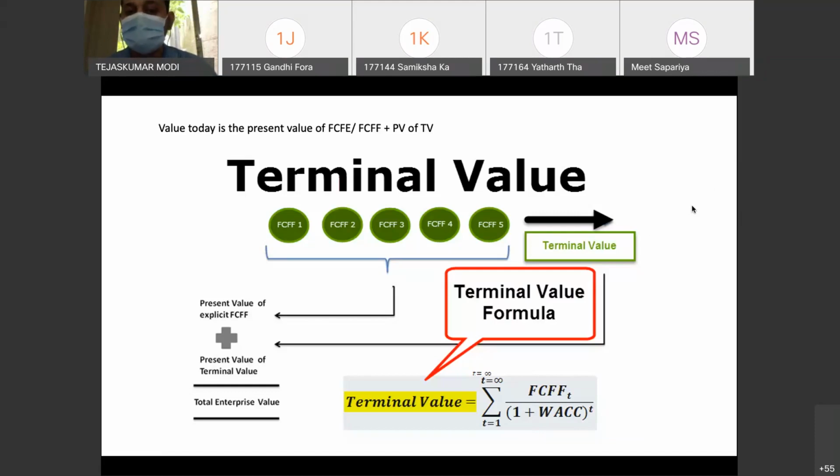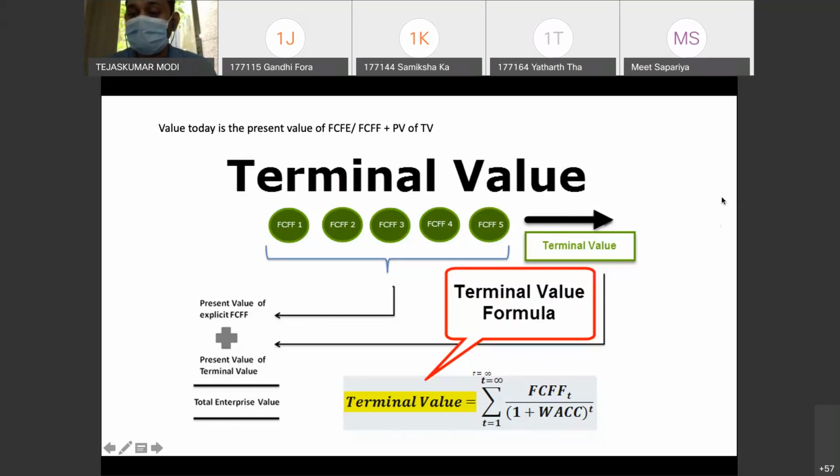Yes, tell me. So then how do you calculate the value of the firm? Based on your experience, you estimate the cash flows for certain years, let's say in this case 5 years. The present value of all this 5 year cash flow, and then beyond 5 years, let's say that is the horizon period, the period beyond which you don't want to estimate, because for this industry or for your business, forecasting anything after 5 years becomes risky.